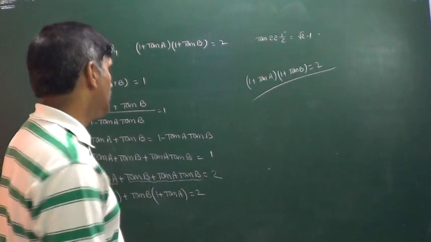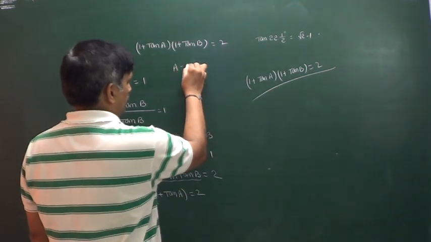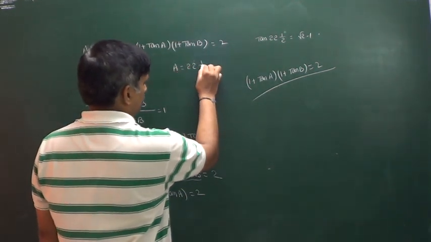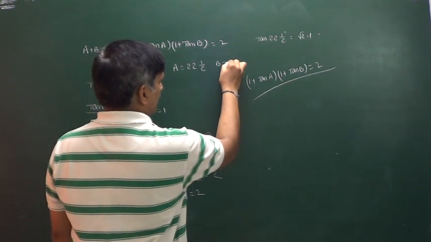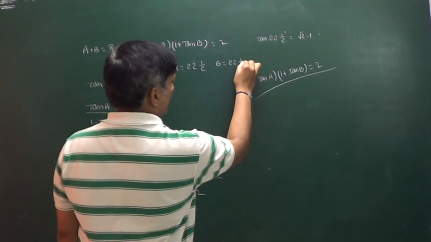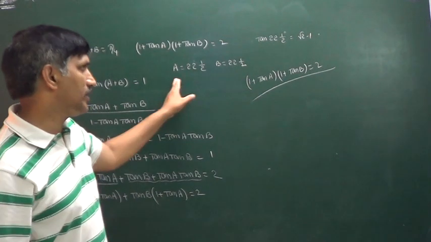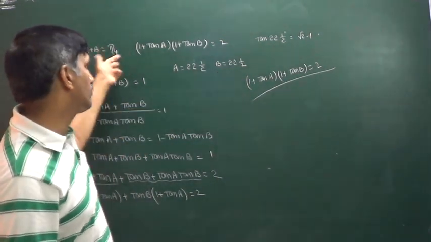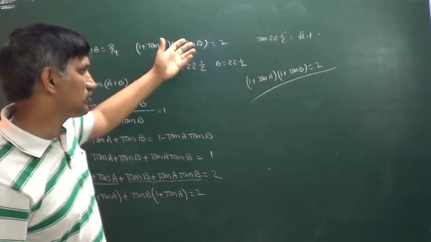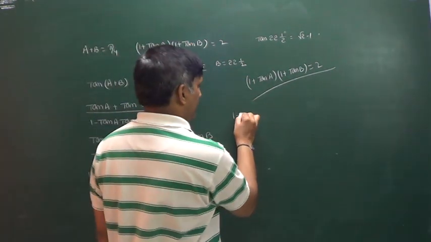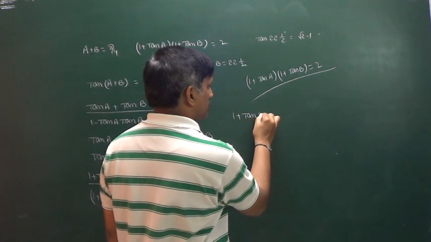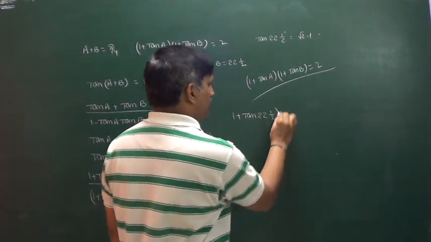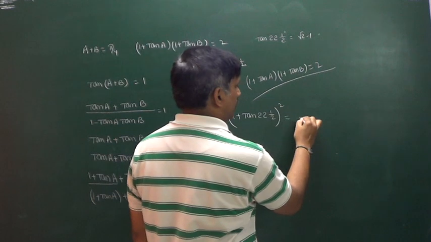That's why here, A is equal to 22.5 degrees, B is equal to 22.5 degrees. Observe here, A plus B is equal to 45 or not. A plus B is equal to 45, so we can use this result. So in place of A I am writing 22.5 degrees, in place of B also I am writing 22.5 degrees.